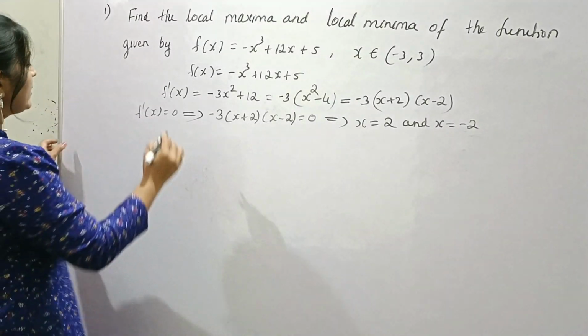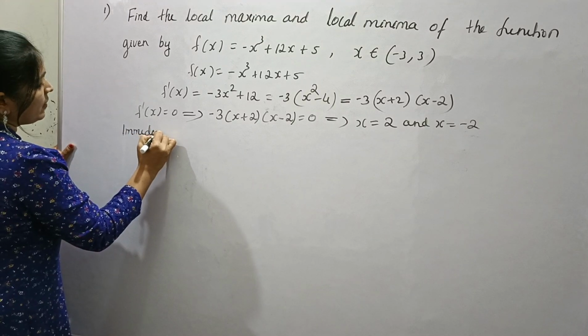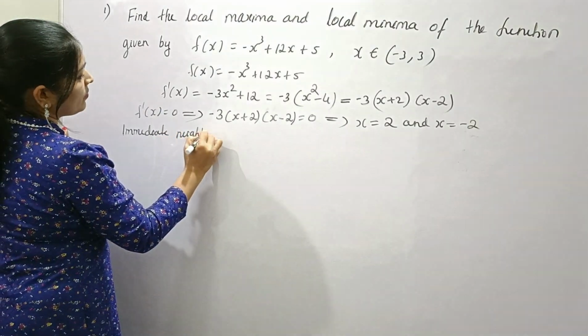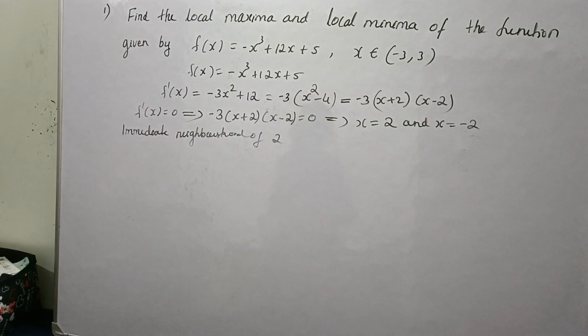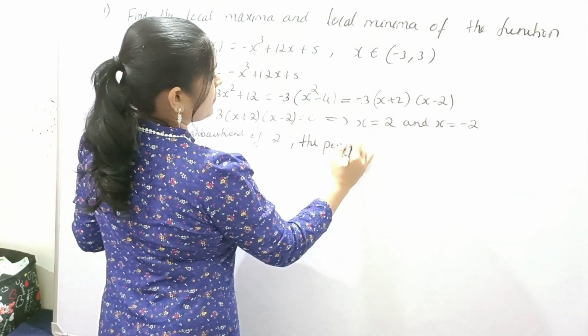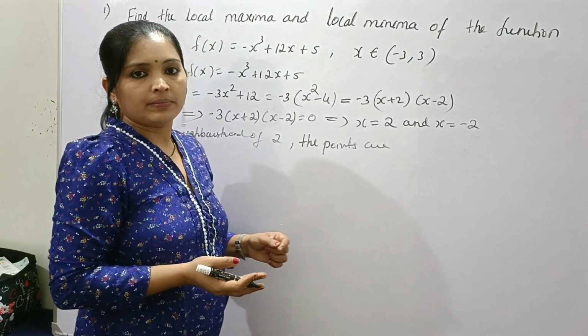So the immediate neighborhood of 2, the points are 1 and 3, right?